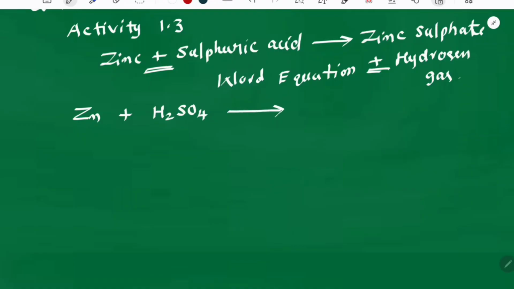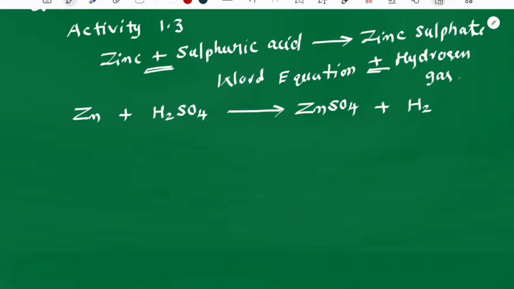So then, what are the products? Zinc sulfate. What is the formula of zinc sulfate? ZnSO4. And what is the other one? Hydrogen gas. Hydrogen gas means you can write H2. Why? Because already I said, in the case of oxygen, I discussed it: oxygen is a diatomic molecule.